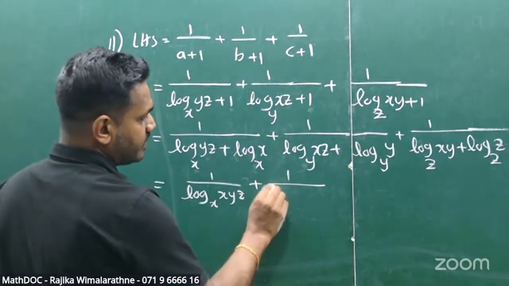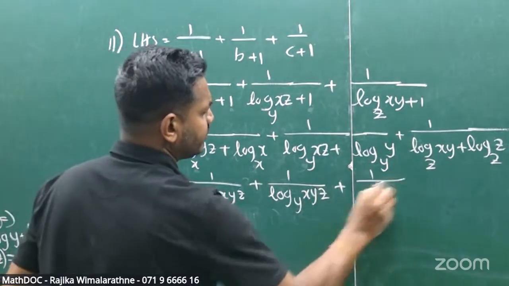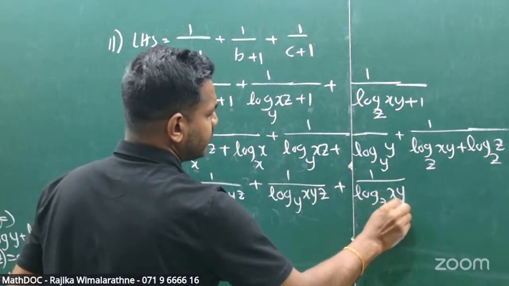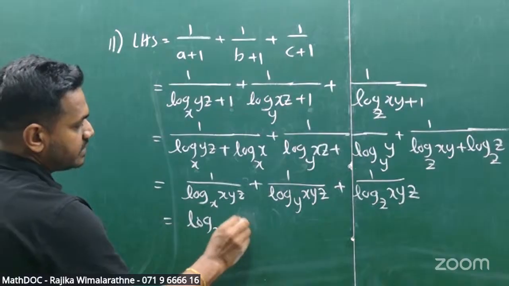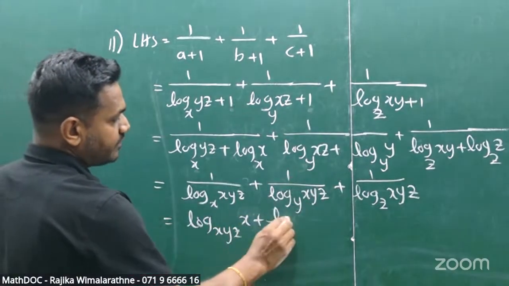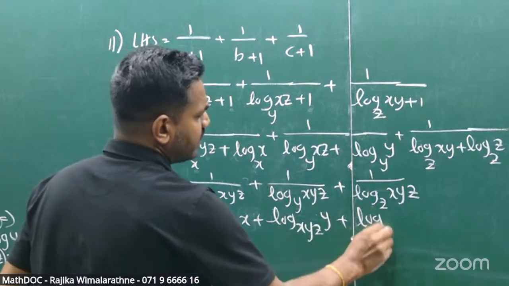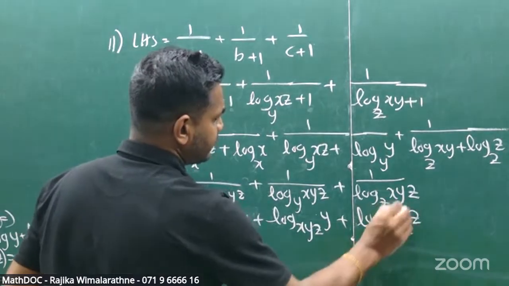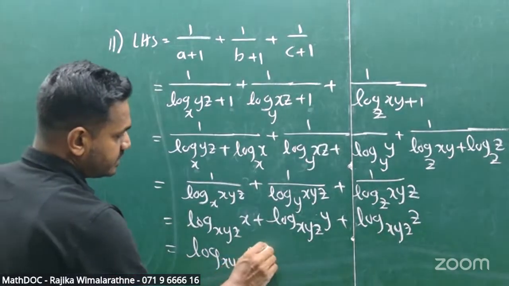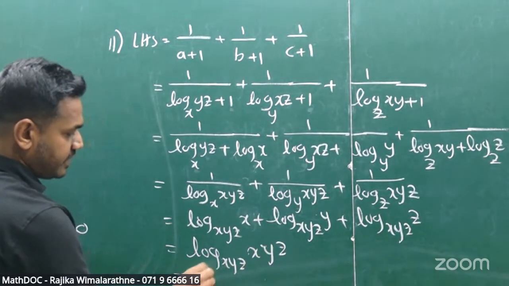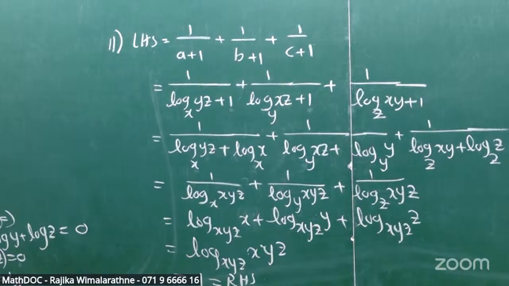Same thing for log y base xyz and log z base xyz. Take into upstairs: log xyz base x, log xyz base y, log xyz base z. Now addition, write as product: log xyz base xyz. Same base, same value, we get 1, which equals the right hand side. That is question number 11.